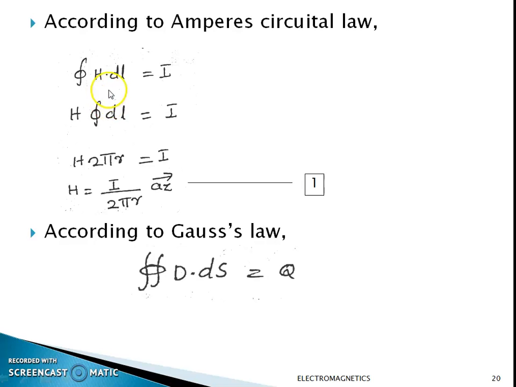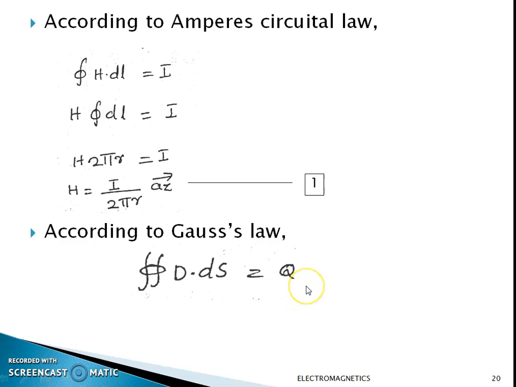So H times the closed integral of dl is equal to I. Here the length is the circumference of the circle, 2 pi r, which is equal to I. From this equation we get H is equal to I divided by 2 pi r into Az, where Az is the unit vector that shows the direction.